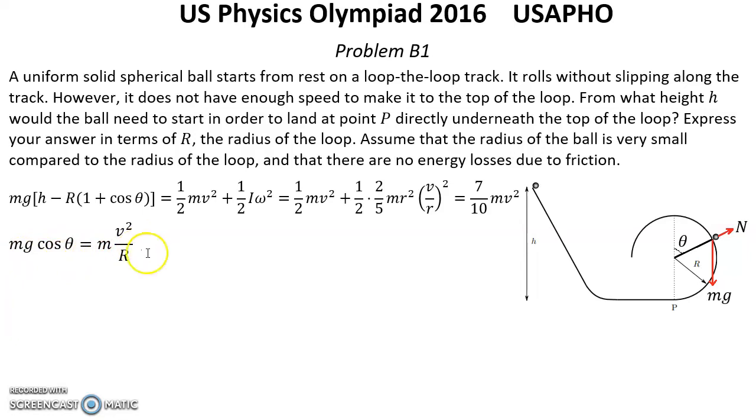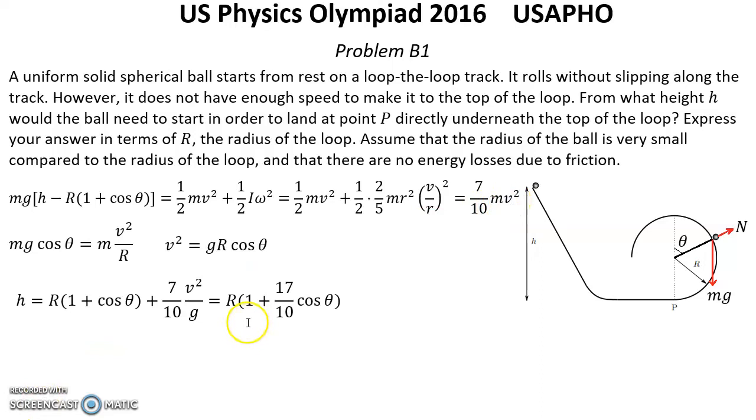From here we can find what v square is using theta and put it in this equation. And now we can count the relation between height h and angle theta. We have v square equal to gr cosine theta, and we can put it here and find that h equals this expression, r multiplied by 1 plus 17/10 cosine theta.